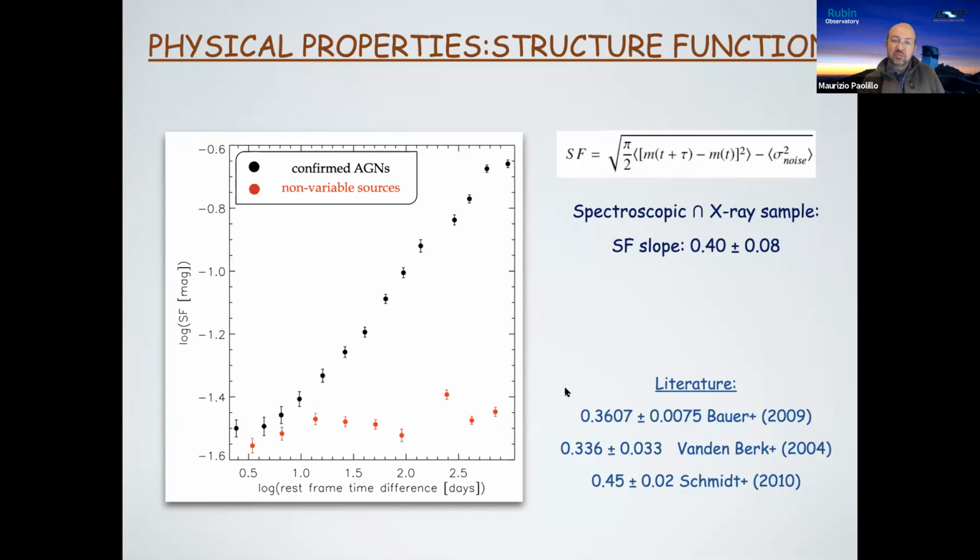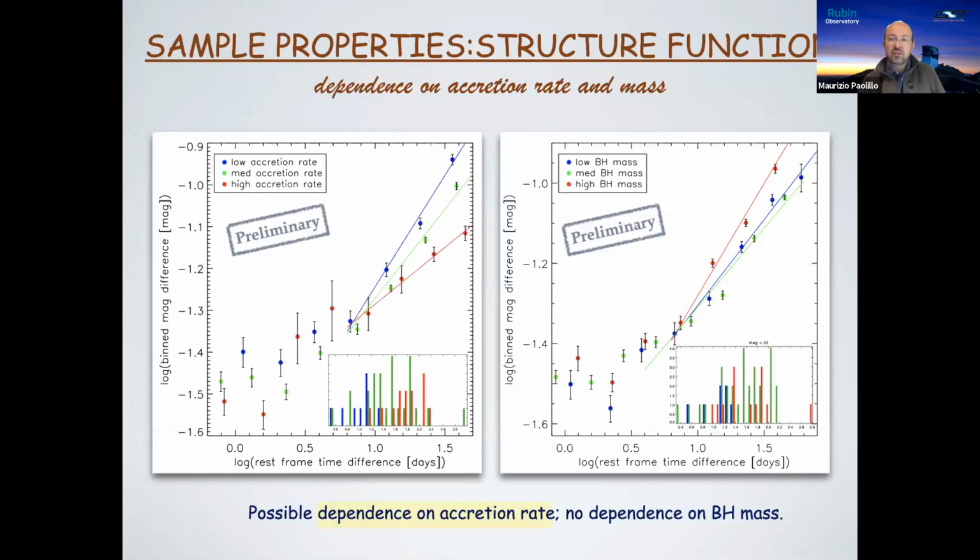And what you want to be able to look at are, for instance, correlations with physical quantities. For instance, we have a tentative result in which we identified a difference at long time scale of the structure function with the accretion rate of the black hole. Much less evident is the one with the mass, as it is not conclusively proven.